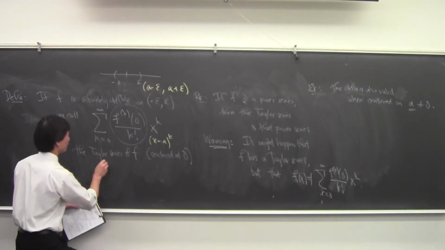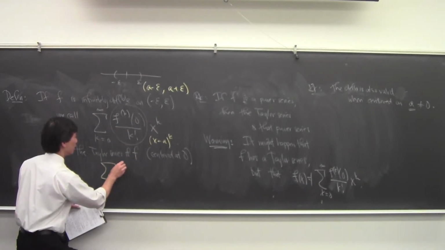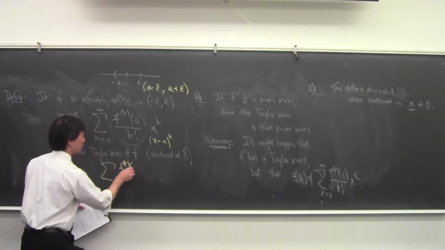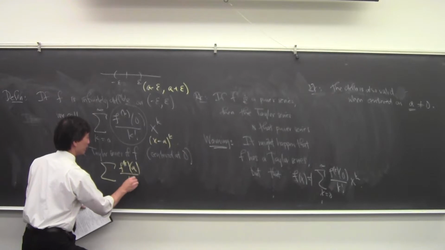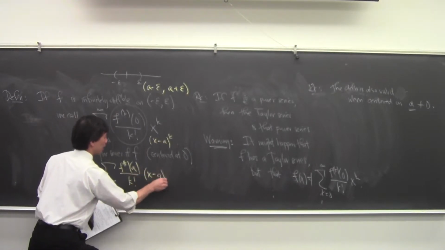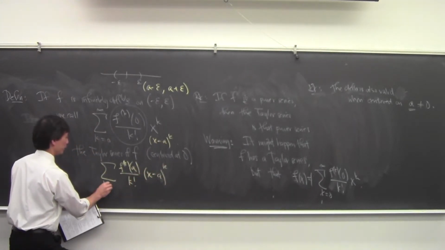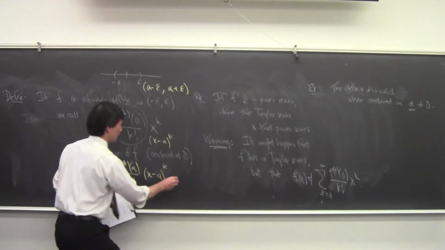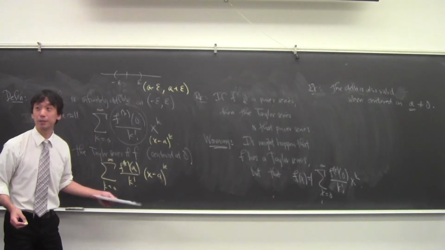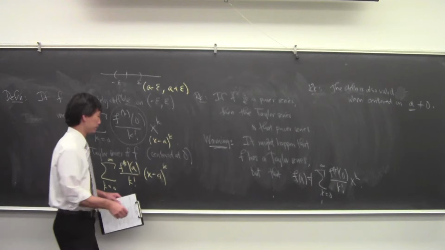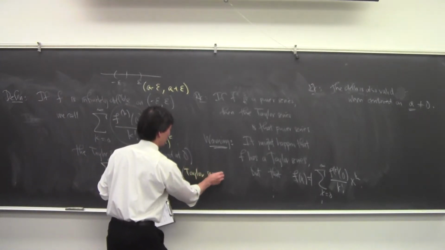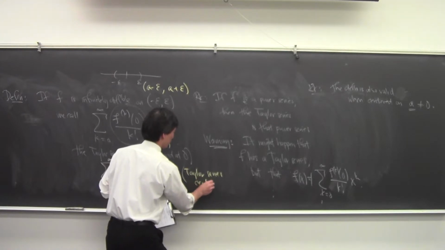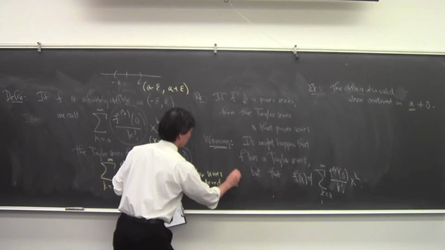So you would end up with the sum of the kth derivative evaluated at a over k factorial, times x minus a to the k, as k goes from 0 to infinity. And this would be the Taylor series centered at a.